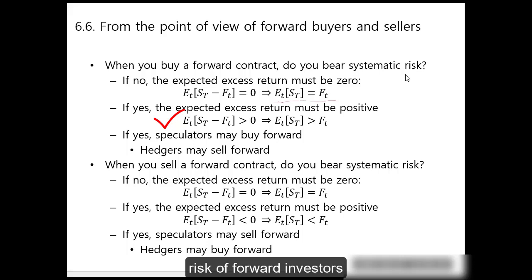So imagine you are thinking of buying gold futures, for example. If you create a long gold futures position or long gold forward position, do you expect to make profit? Or do you expect to make loss? Or do you expect to not make any profit or loss? Which one is most realistic?